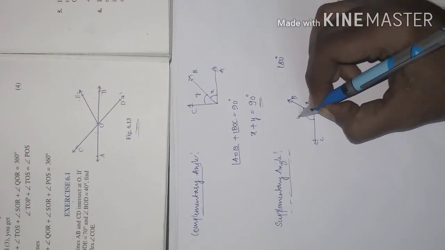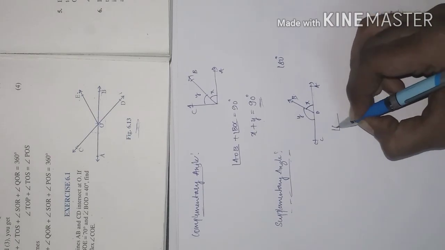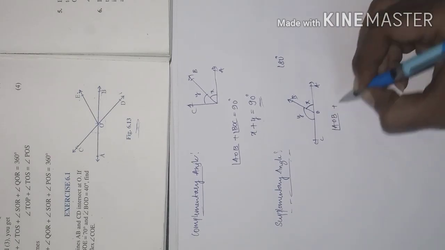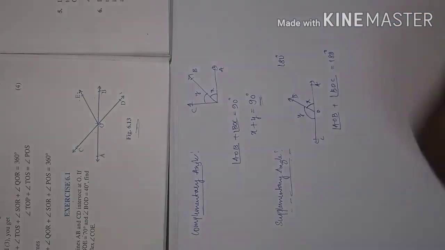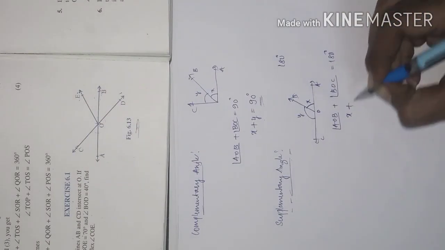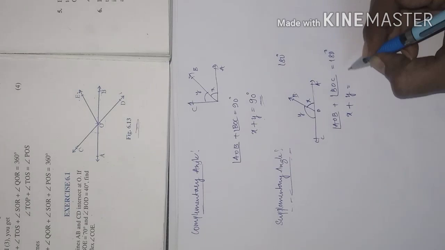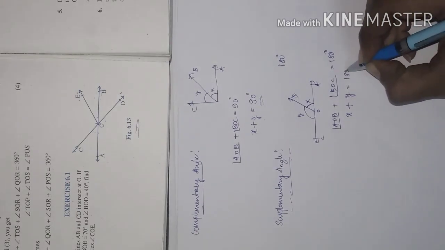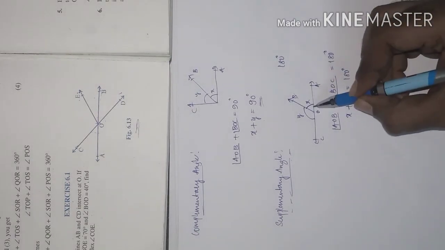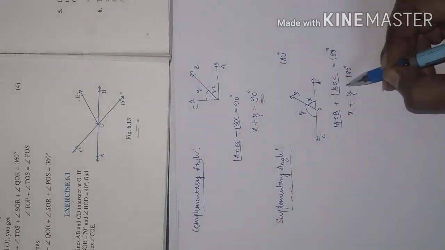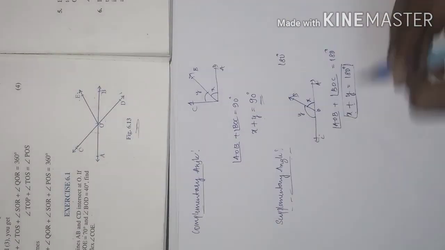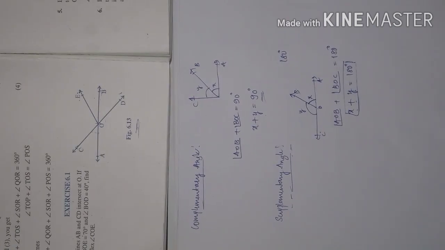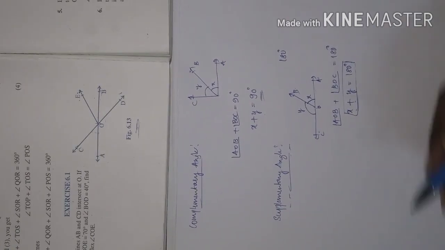I will name them X and Y over here. In the place of AOB, X is there, and in the place of BOC, Y is there. Because of that, X plus Y is equal to 180 degrees. This is about the supplementary angles.